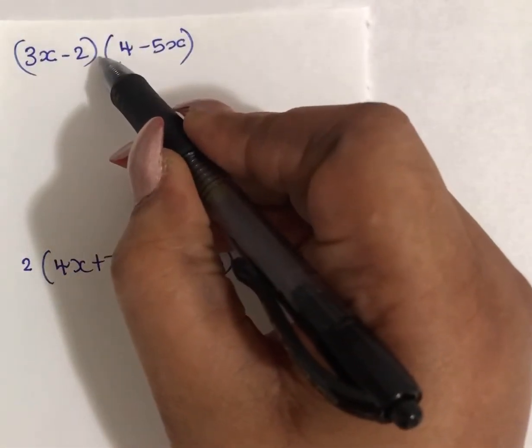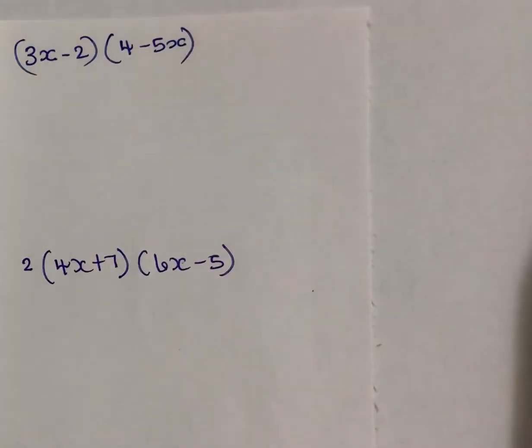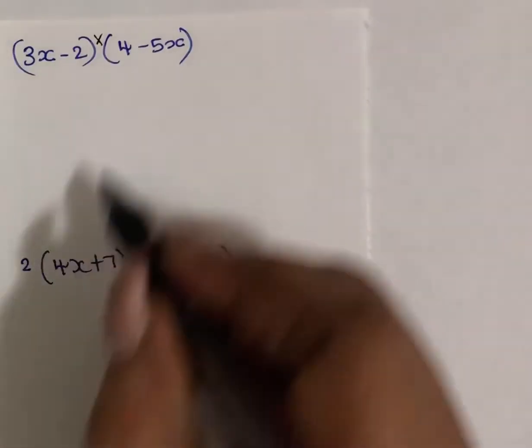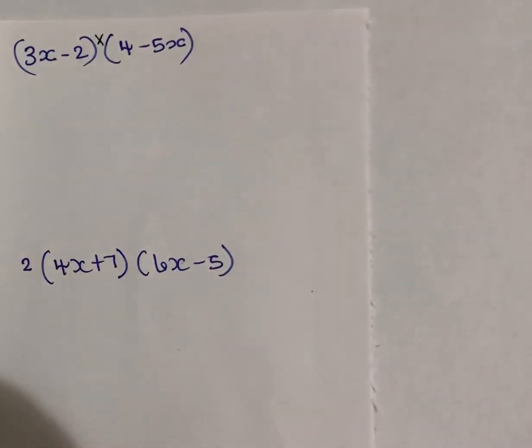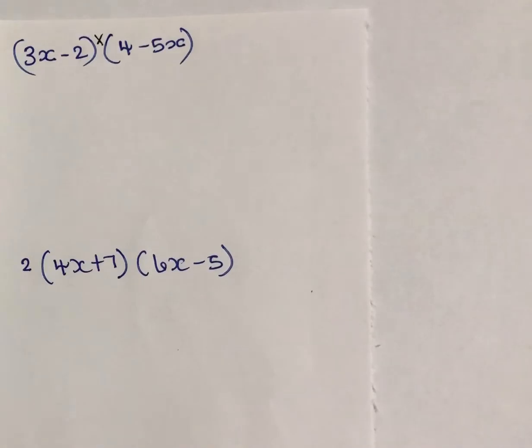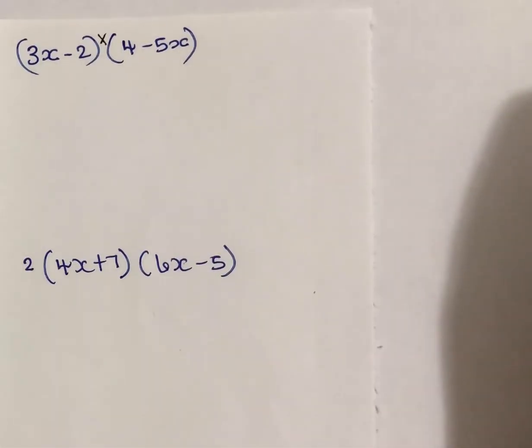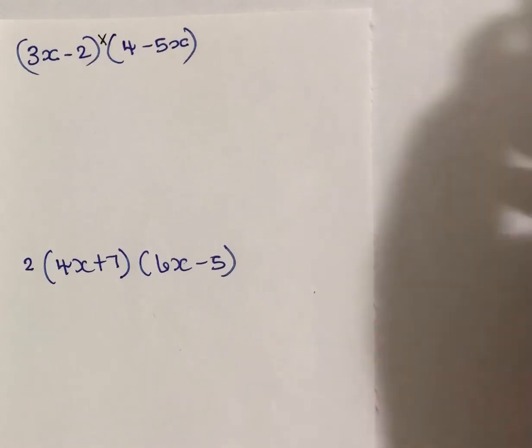Because no sign falls between the two pairs of parentheses, we know that we are multiplying, okay? We're going to use what is called the distributive method or distributive law, okay?